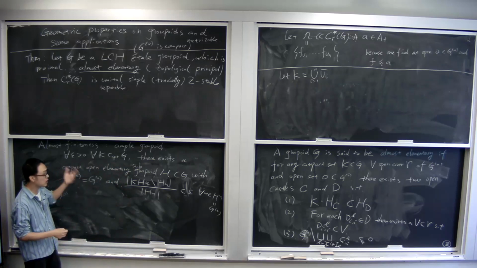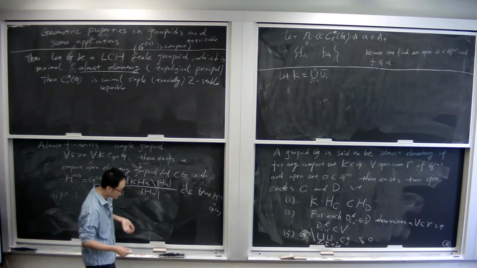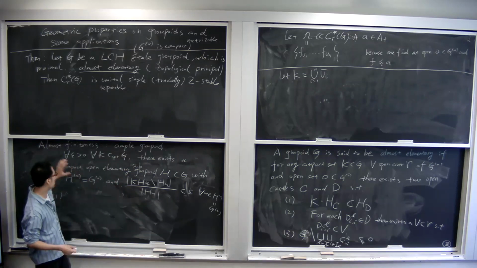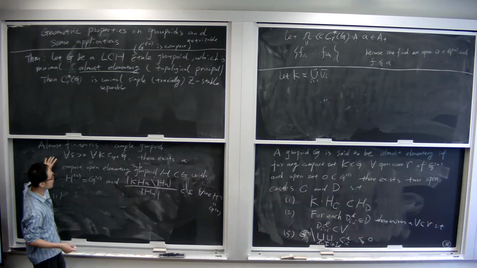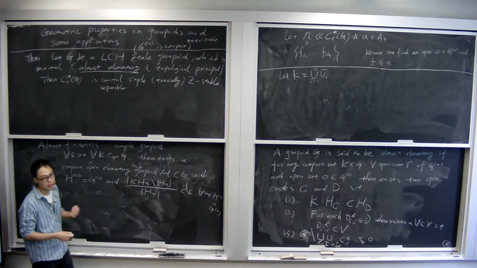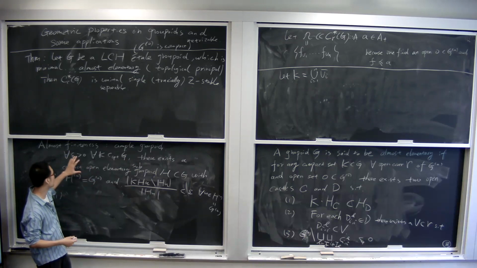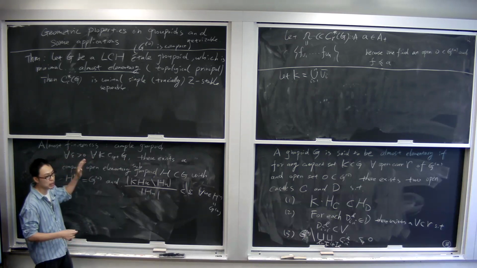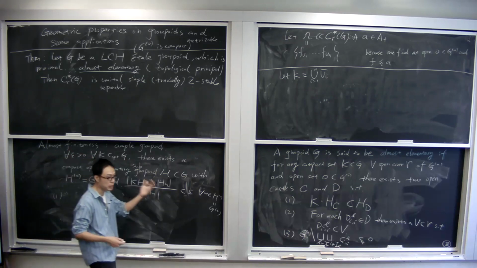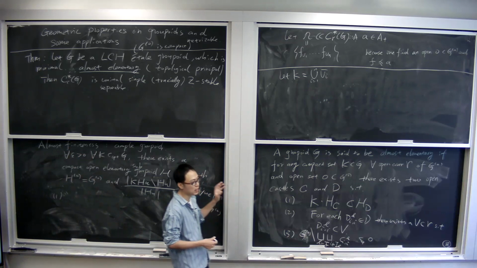After Kerr's theorem, whether the original almost finiteness in the groupoid setting also implies that the groupoid is trivially Z-stable or Z-stable. Because at that time, nobody knew whether an almost finite groupoid implies that your groupoid is topologically amenable. But then people found counterexamples.